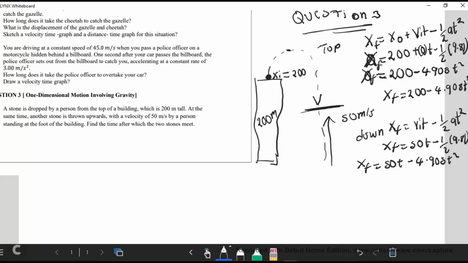So we will equate this equation and this equation.